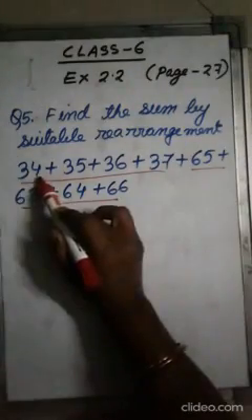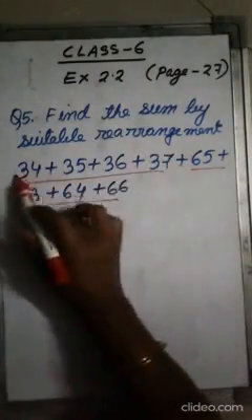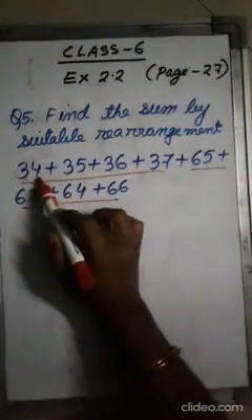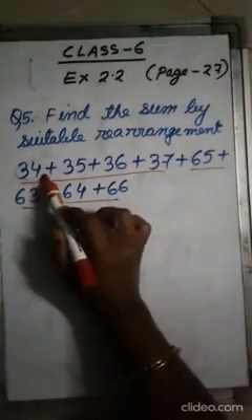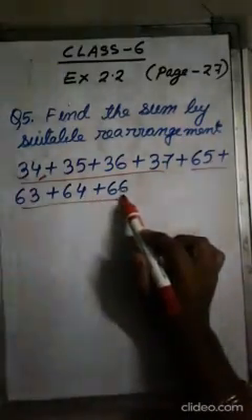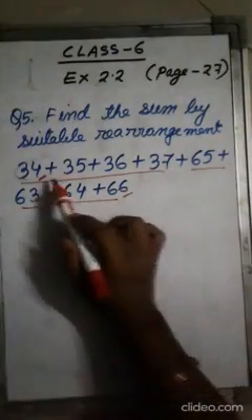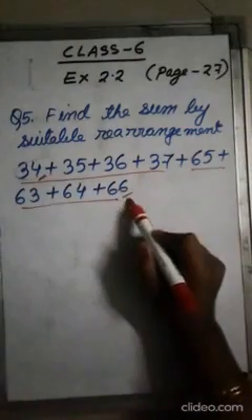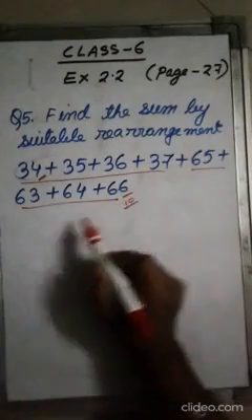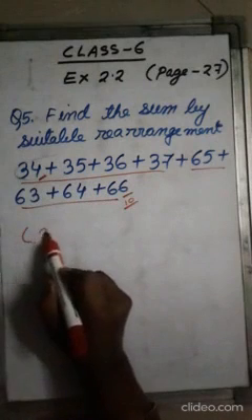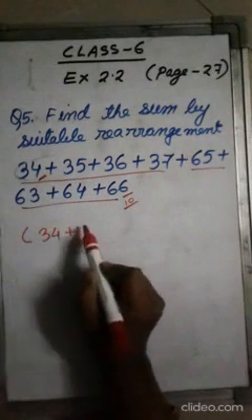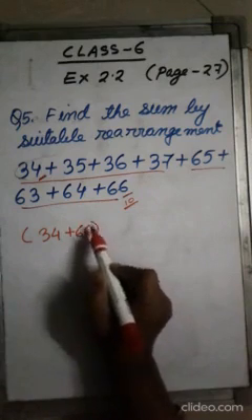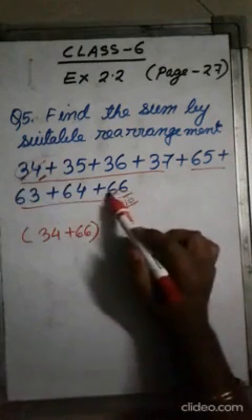from this group of numbers, the last digit is 4 and here the last digit is 6. 4 and 6 will make 10. So you have to make 34 and 66 a pair. So these two numbers are gone.